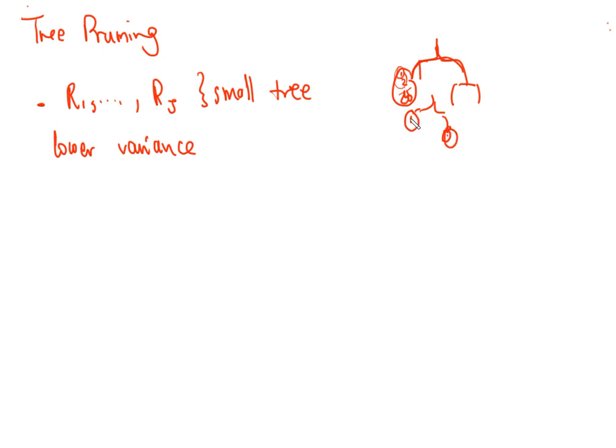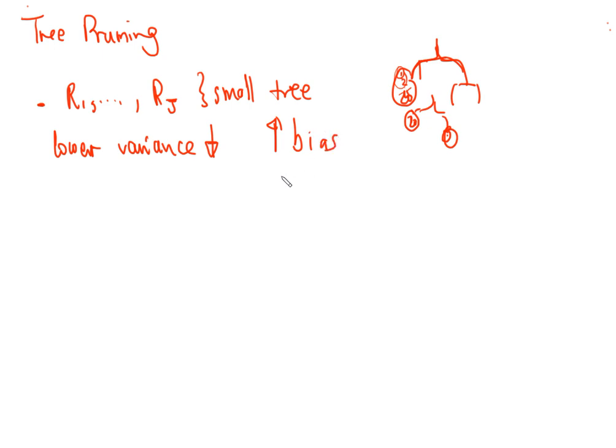But if each region had 20 observations in it, changing one observation might not affect the tree that much. So a smaller tree with fewer regions will have lower variance and better interpretation at the cost of a little bias. Of course, if you have lower variance, you probably have a bit more bias, because of the bias-variance trade-off, right?